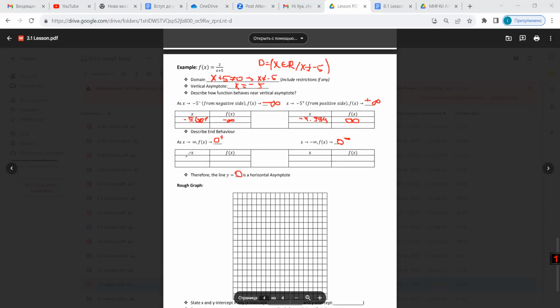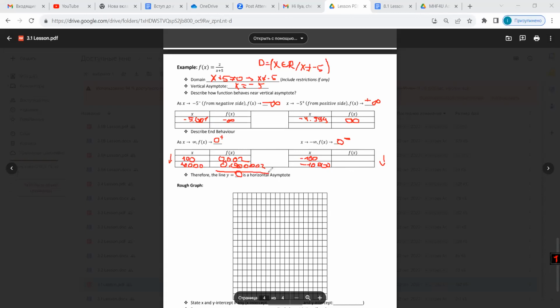So for example, we can take some really big number like 100 and then like 10,000, here -100, -10,000. And you're going to see how basically we're approaching this 0 from one side or the other. From the positive side, we would get something like 0.002, then we're going to get 0.000002.